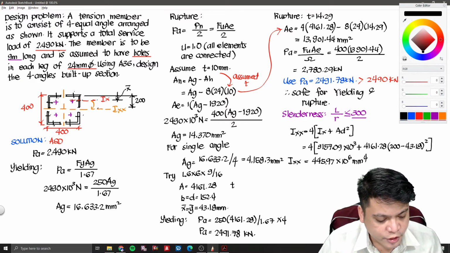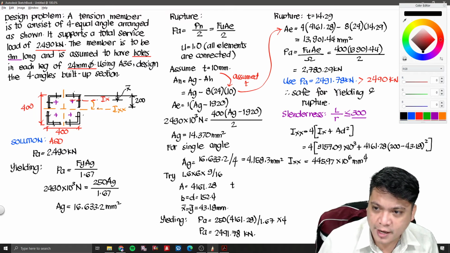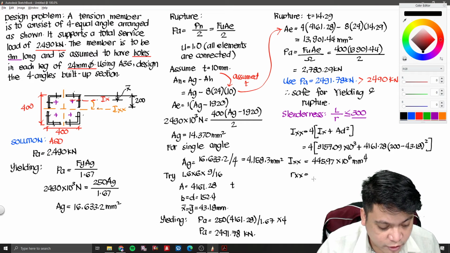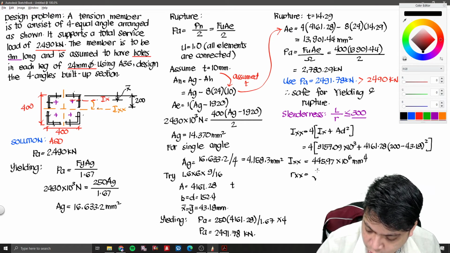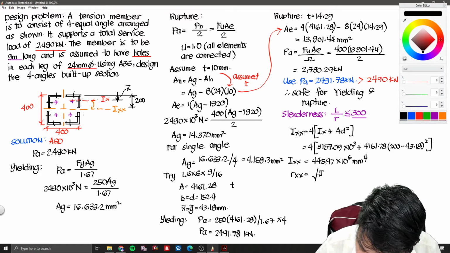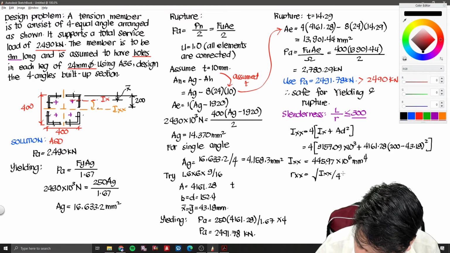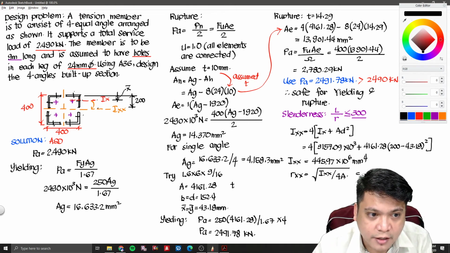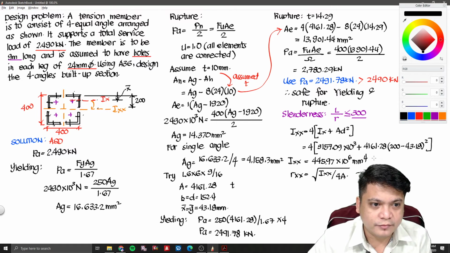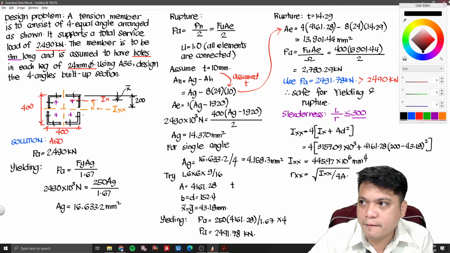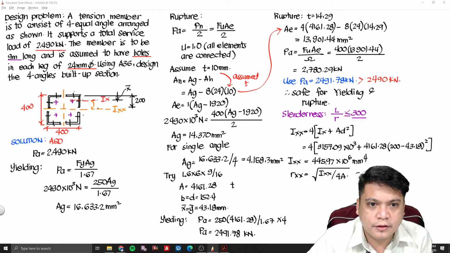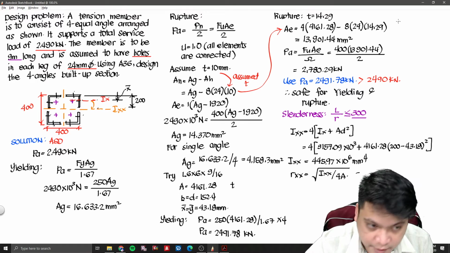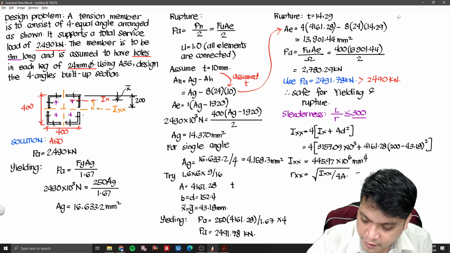If we have that already, we can now get RXX. RXX is the square root of I over A, so the square root of IXX over 4A, because we have four angle bars.